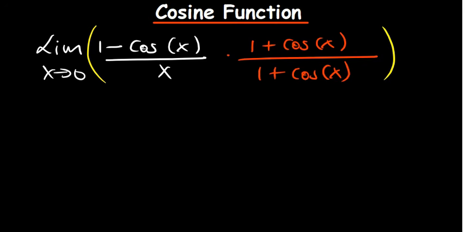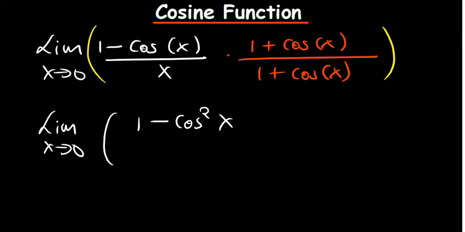So we'll have the limit as x approaches 0, and then for the top part, 1 times 1 is 1 minus cosine squared of x, over x multiplied by 1 plus cosine of x.